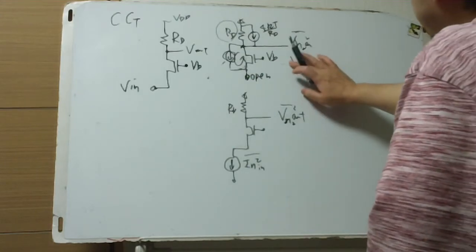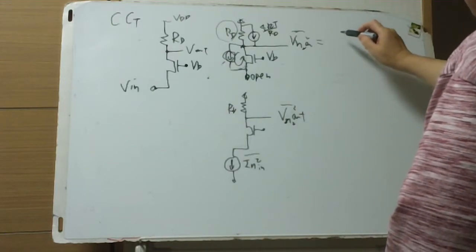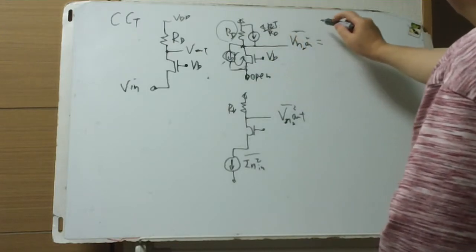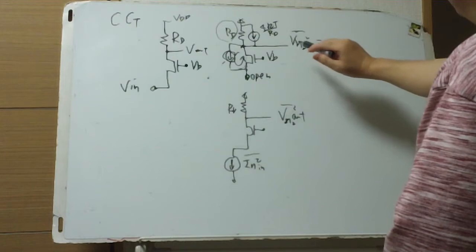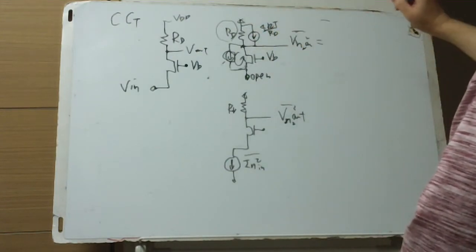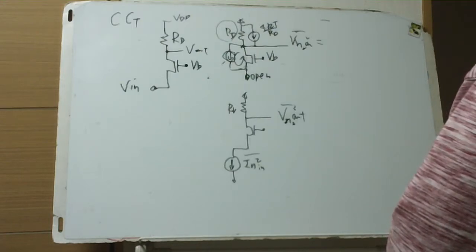It doesn't contribute to output noise. Just the output noise is 4kT RD, output current noise 4kT over RD.